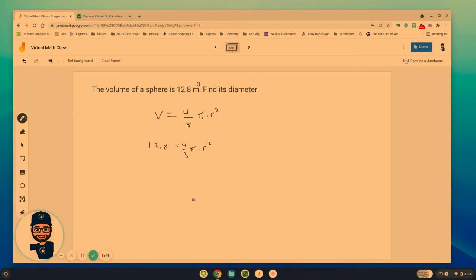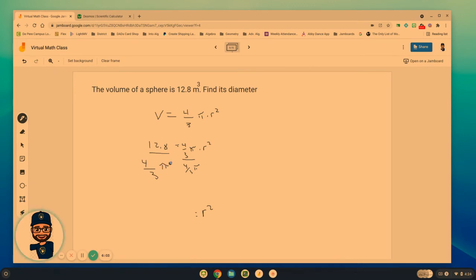How do I get the radius term by itself? Well, since that's all being multiplied, we would divide by 4/3 pi. If I do that to one side, I have to do that to the other.